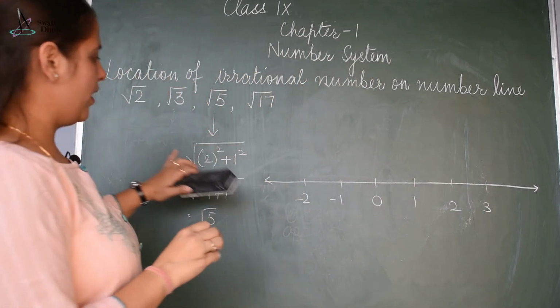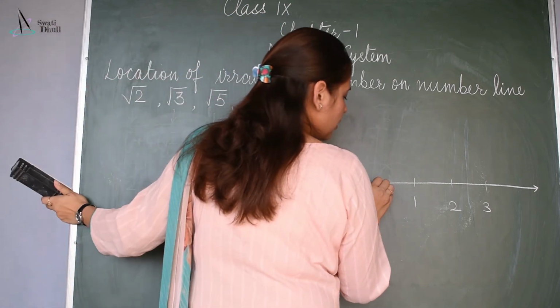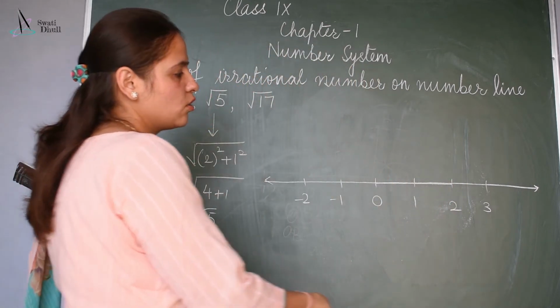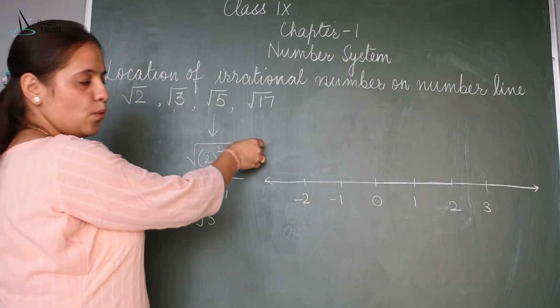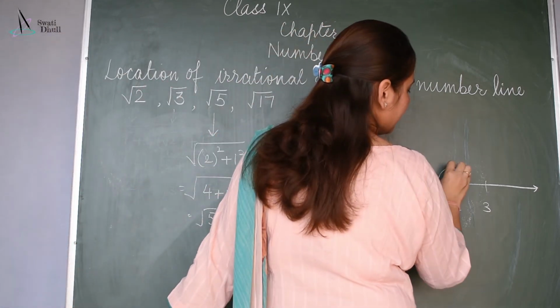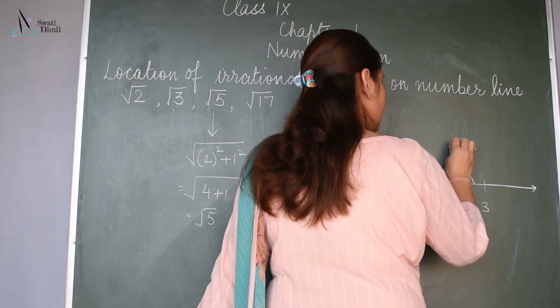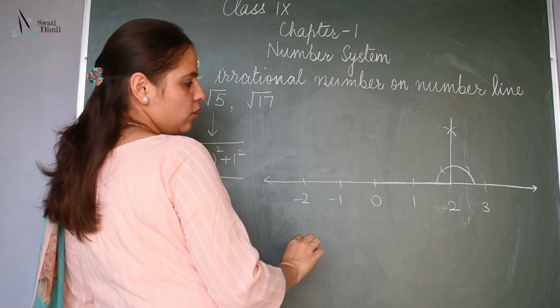Now this is 2 square, so that means the base should be taken as 2 units. Now make a 90-degree angle, or draw a perpendicular at 2. You will get the perpendicular over here.